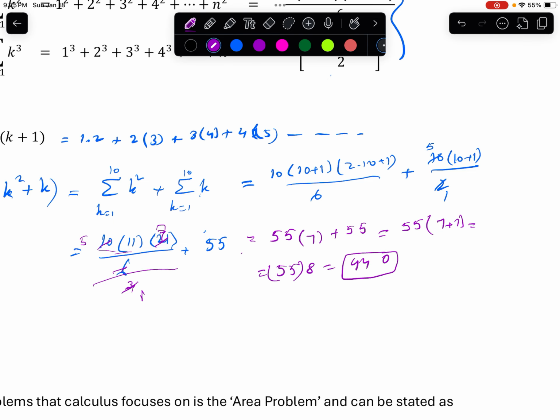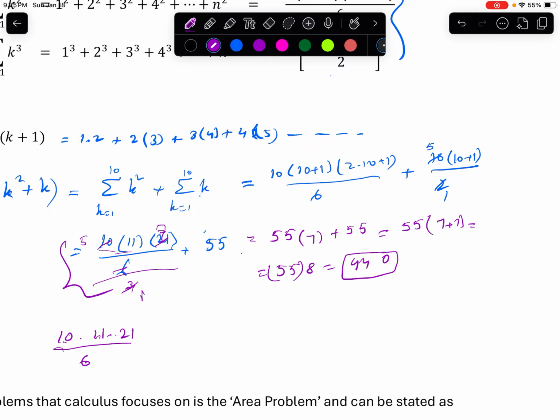Now, I don't know if you are clear about what I did here. We have three factors being multiplied on the top. So we have 10, we have 11, and we have 21. And at the bottom I have 6. 6 doesn't go in any of these three.